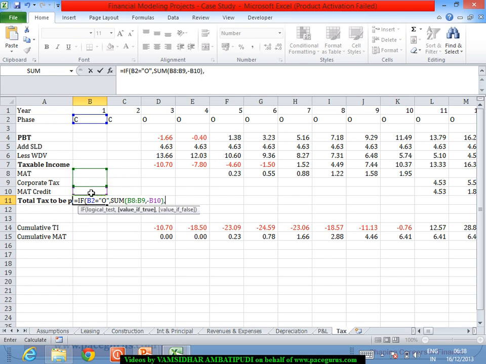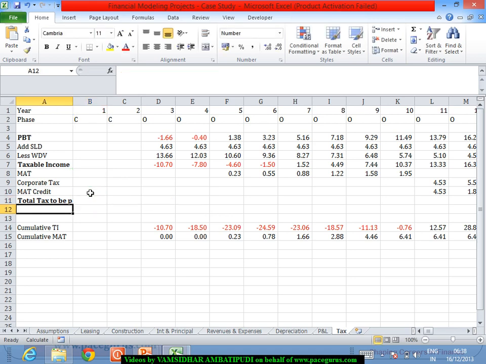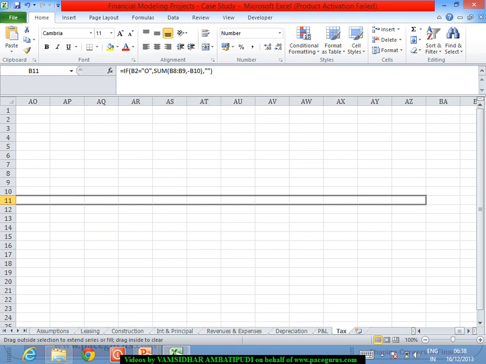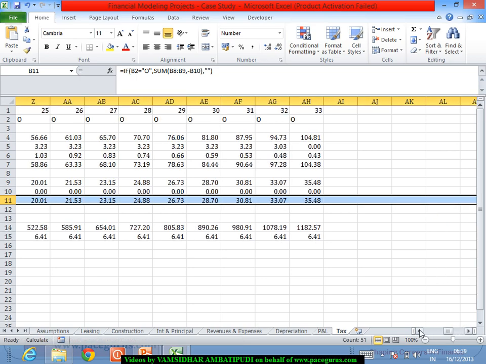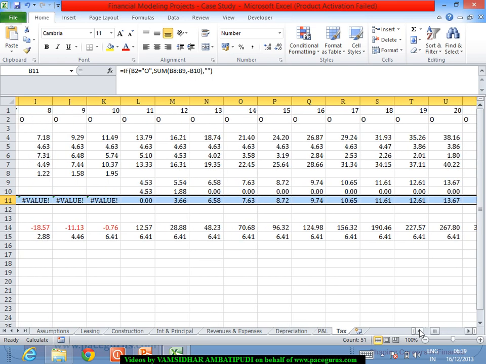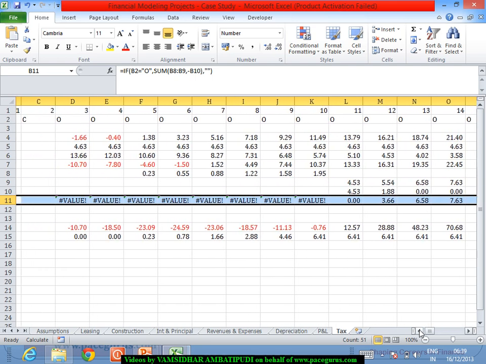All this is what goes as the total tax to be paid. So overall, the total tax liability for me is coming out to these kinds of instances. All right.